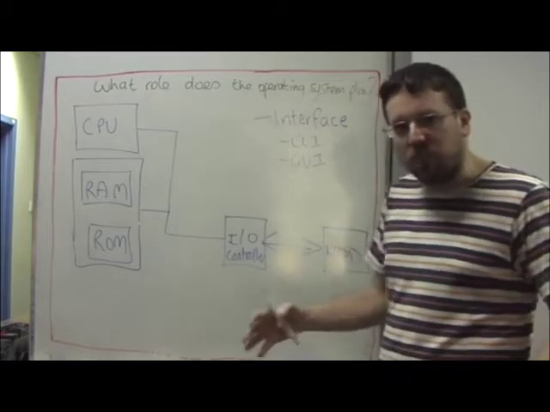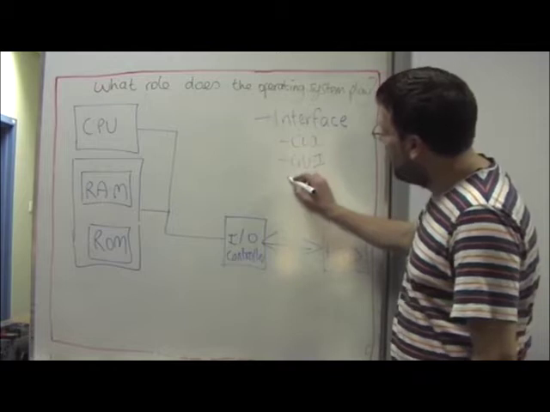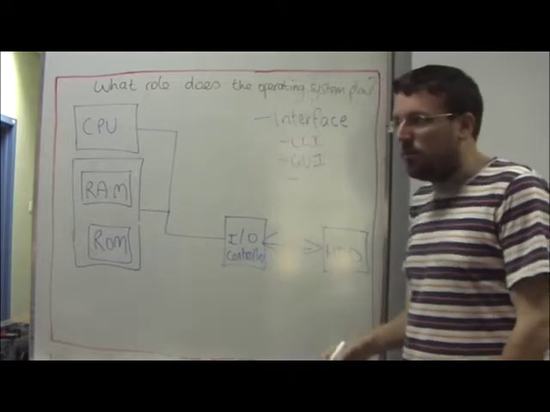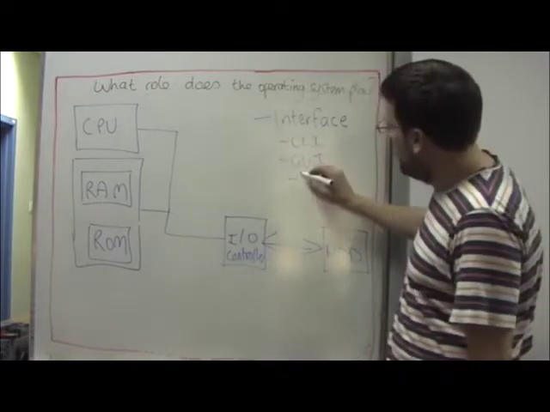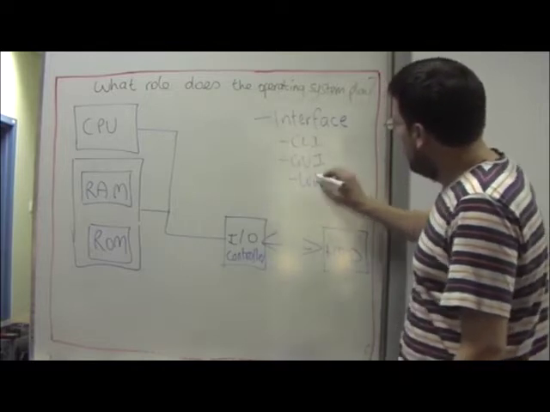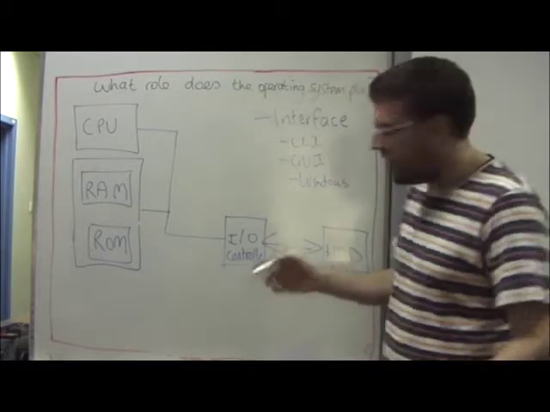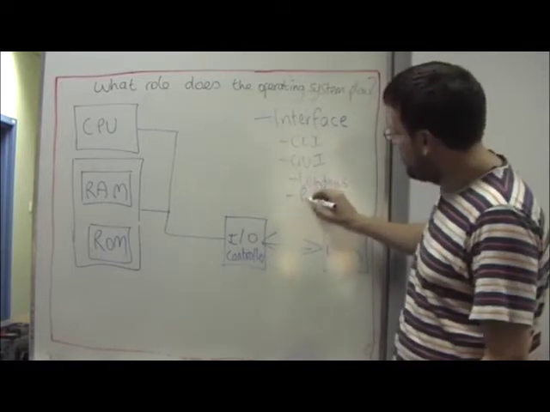So what are the features of a GUI that we tend to expect when we see a GUI? Well, to start with, windows. I would expect to see some windows. I'd also expect to see a pointer or pointers.